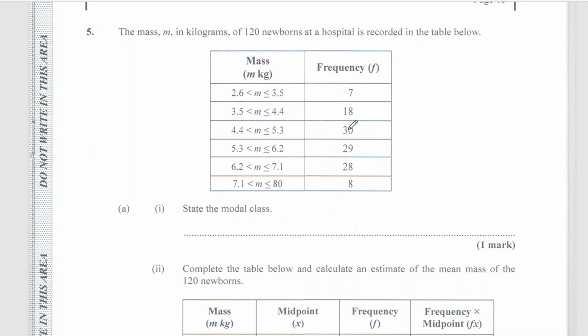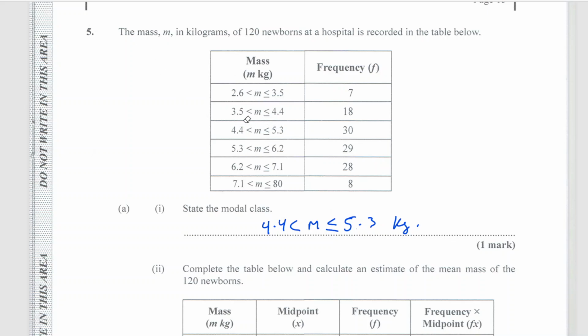And what is 30 referring to? 4.4 to 5.3, right? So we come in the frequency column, we look for the highest frequency, and that's referring to this mass here. So this here is our modal class. So our answer there would be 4.4 less than m less than or equal to 5.3. And it's kilograms, right? Okay.